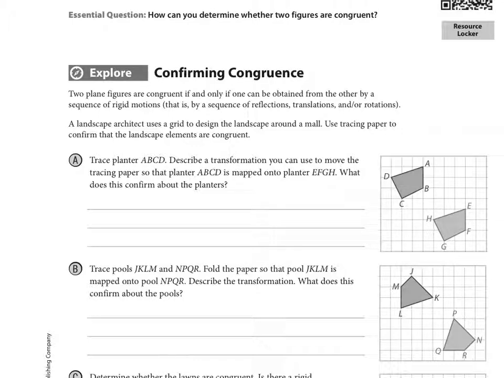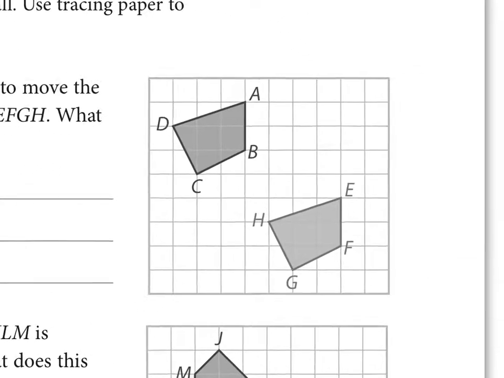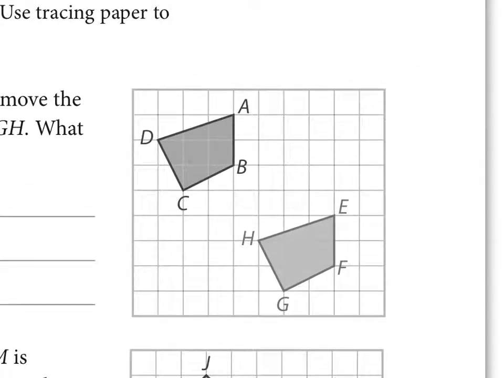So I just want to quickly show you on this part A and possibly on the part B what that looks like. So let me draw around the pre-image so that I am able to move it around. There we go. We see quadrilateral ABCD is outlined in red. So you're going to see me move that around.